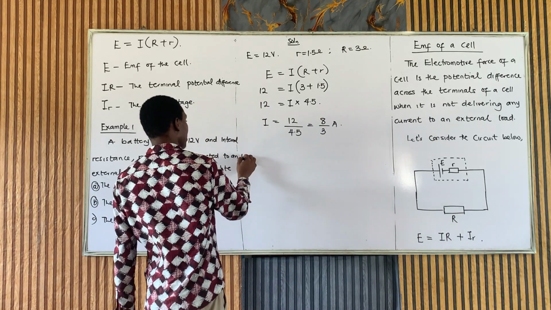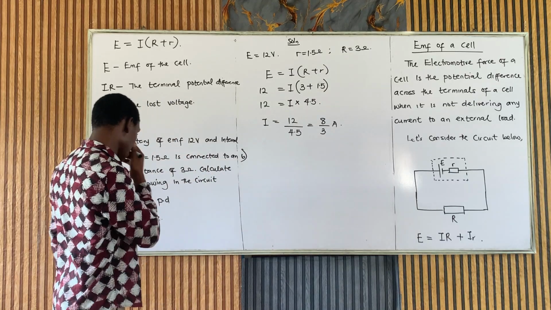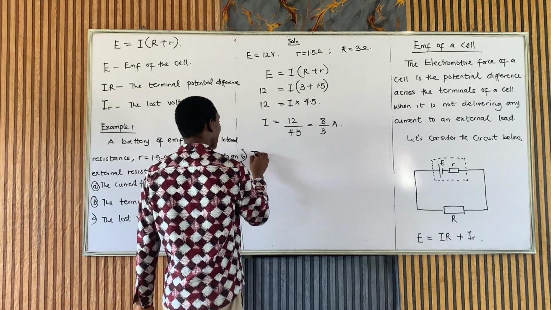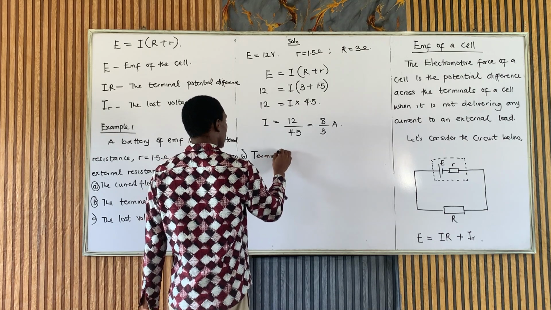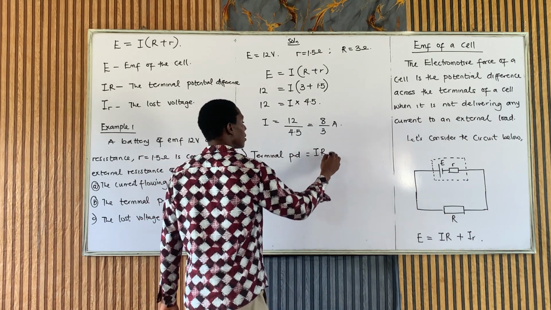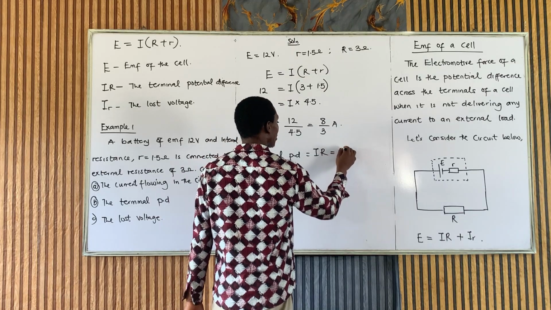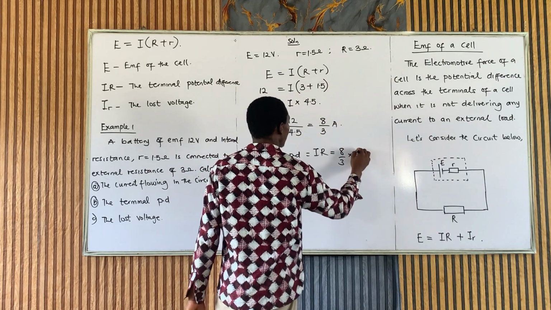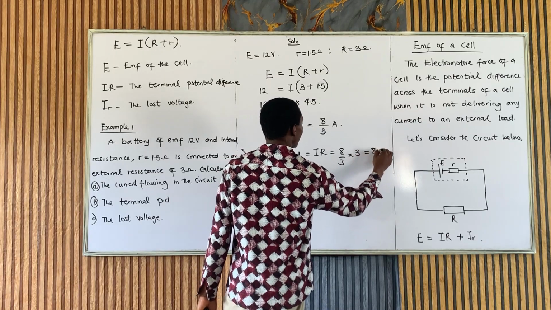Now let's take the next question after this. The terminal PD. We know terminal PD is equal to I capital R, which will be equal to I, 8 over 3, times the capital R, that's 3. So this will give us 8 volts.